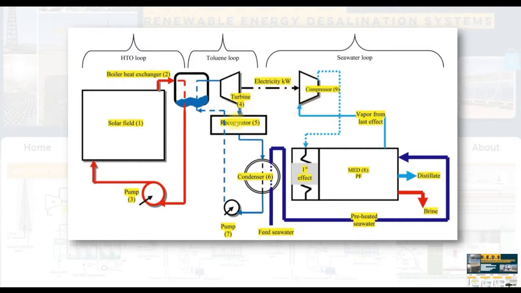The rest of the exhaust vapor, because it's still in the superheat region, transfers its thermal energy as a recovery. This is a recuperator unit, to the stream coming from the pump going to the boiler heat exchanger unit, in order to make some kind of regeneration.